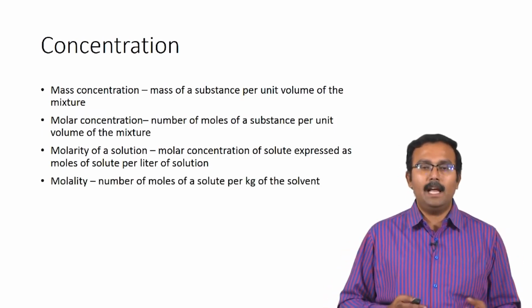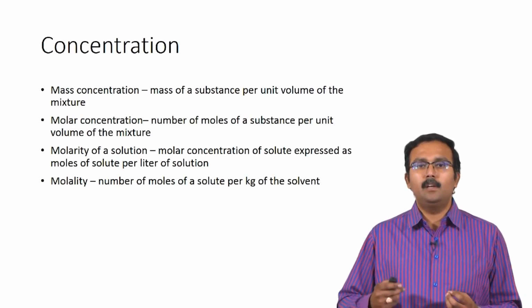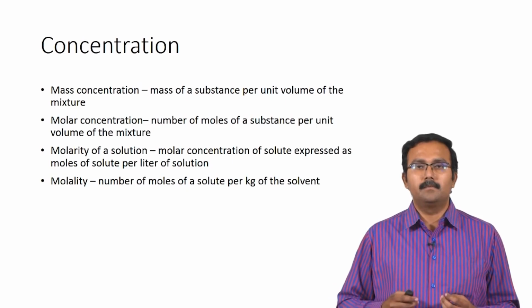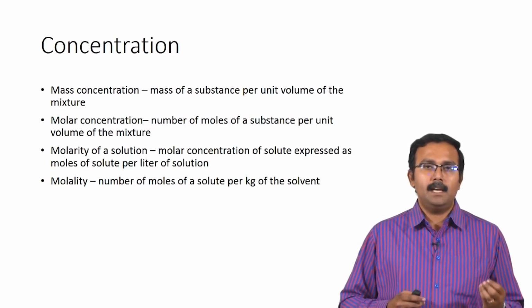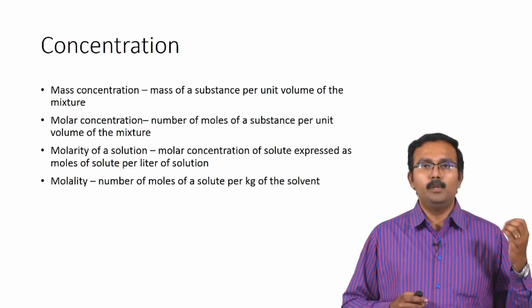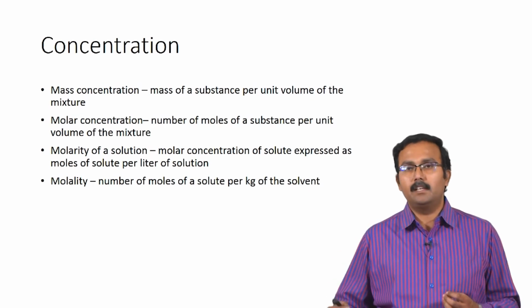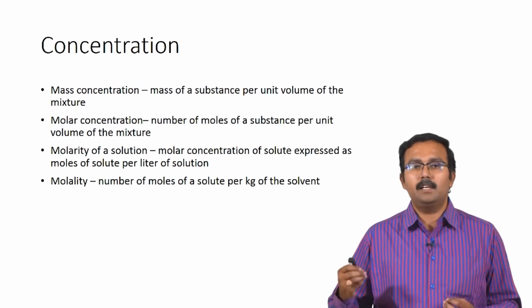You also have molality, which is number of moles of a solute per kilogram of the solvent. So, please understand that molality uses number of moles of the solute in the numerator and kilograms of the solvent, not the solution, but the solvent in the denominator.